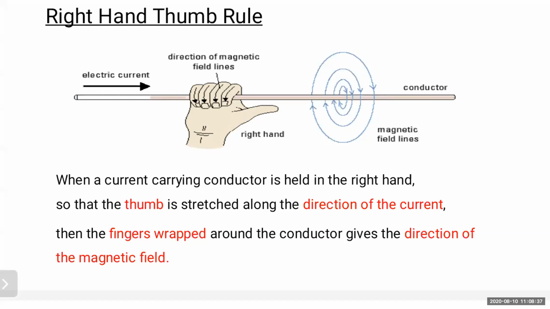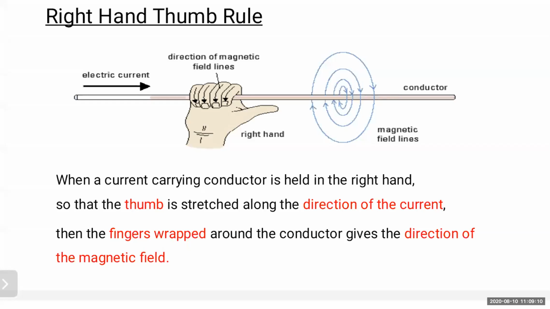Imagine the conductor is in your right hand in such a way that the thumb points in the direction of the current, and then turn your fingers around the conductor. The direction of the fingers is the direction of the magnetic lines of force. So this is the right hand thumb rule.